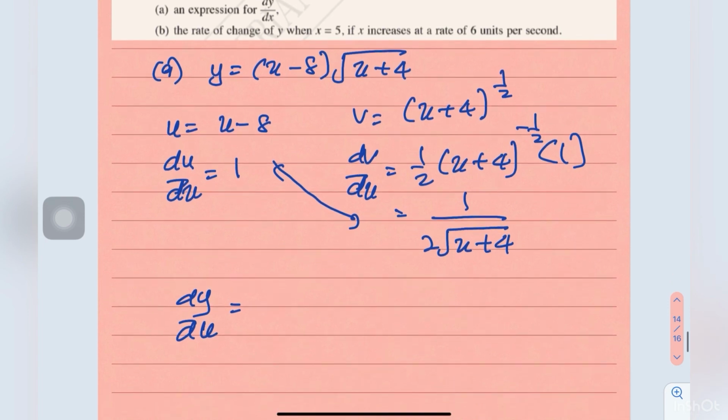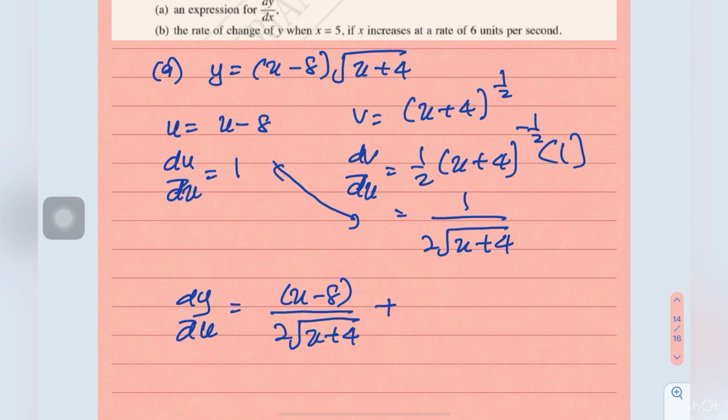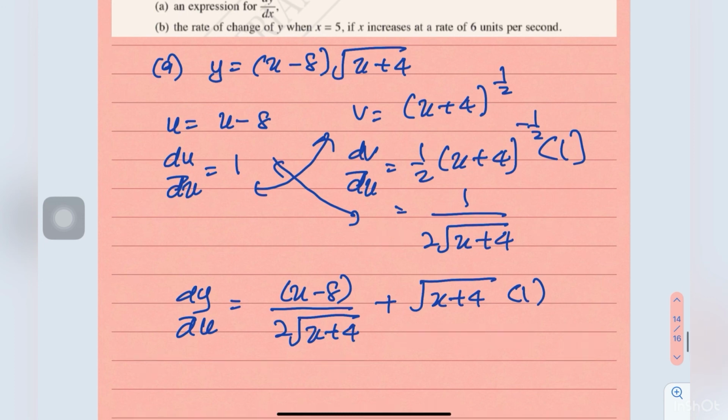Okay, so (x minus 8) over 2 square root of (x plus 4), plus v du/dx. Okay, so these two. Here we have square root of (x plus 4), because power of 1 over 2 is square root, times 1.